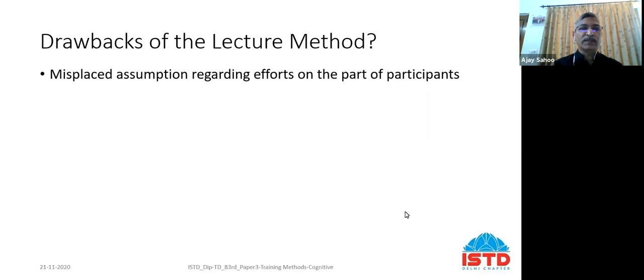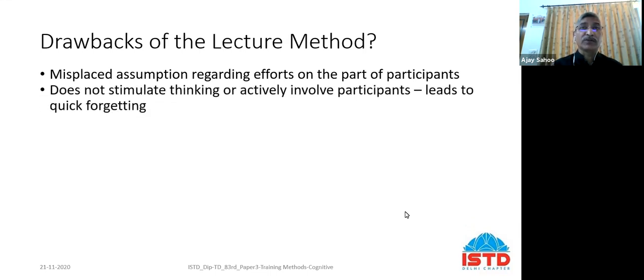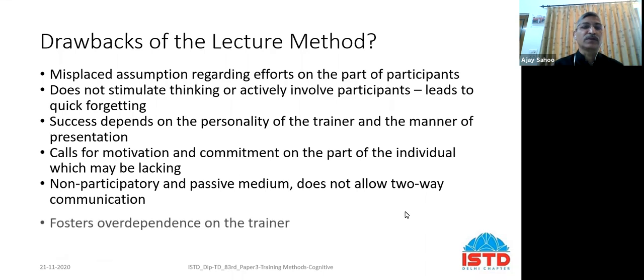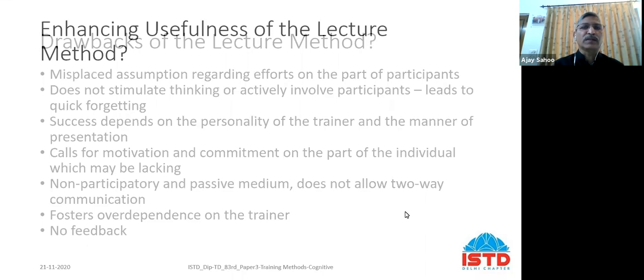Drawbacks of the lecture method: it's not interactive at all, and the entire power balance is in favor of the person giving the lecture. The participants don't have any control over anything, whether the class or the way the lecture is moving, barring asking some questions here and there. And there's no feedback.